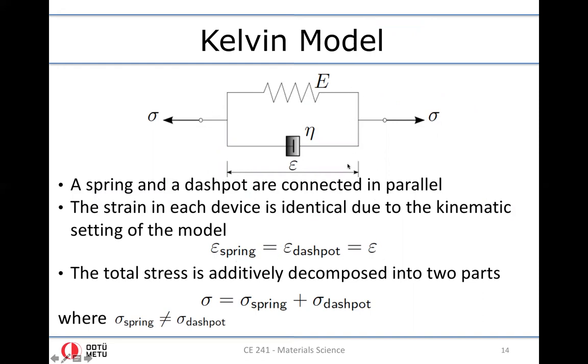And when you draw the free body diagram, the total stress will be given by the stress in the upper branch, in other words, in the spring, and the stress in the lower branch, in other words, the stress in the dashpot. Okay, so we have, in this case, in contrast to the Maxwell model, additive decomposition of the stress into the elastic stress and the viscous stress, in other words, the stress in the spring and the stress in the dashpot, but the strains are the same due to the parallel setting.